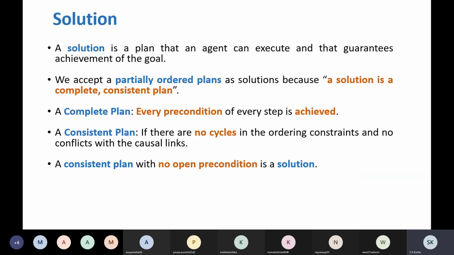Now, what is a solution? Solution is a plan that an agent can execute that guarantees achievement of the goal.